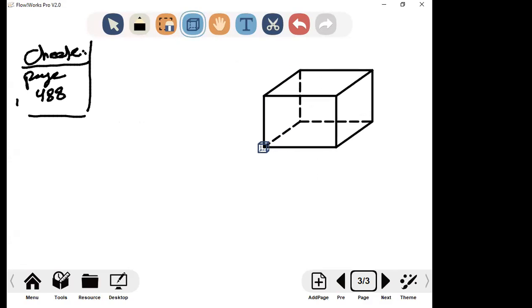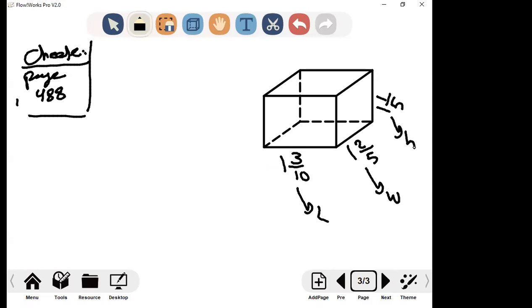I have this rectangular prism with length 1 and 3 over 10, width 1 and 2 over 5, height 1 and 1 over 5. I have the length, the width, and its height.